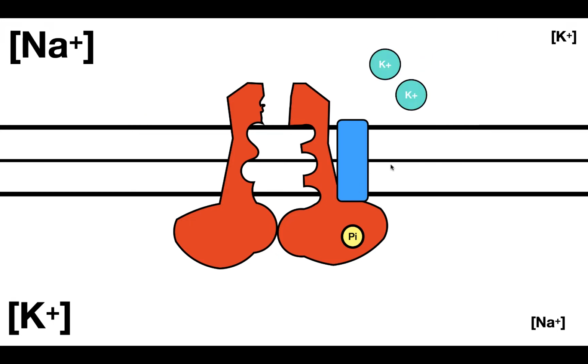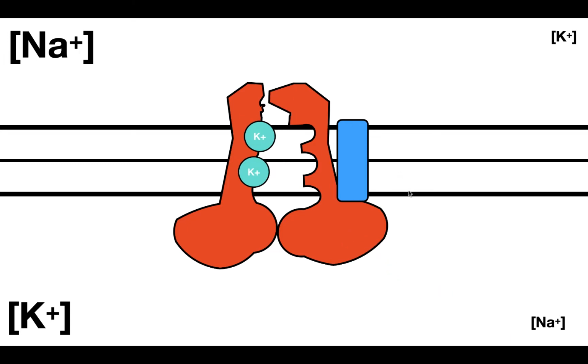Then the potassium that's outside the cell will move into the pump, binding to its binding sites. Only two potassium move in. Then the phosphate will move out. When the phosphate moves out of the pump, this causes a conformational change that closes the extracellular pore. This form of the pump is called the E2 form.